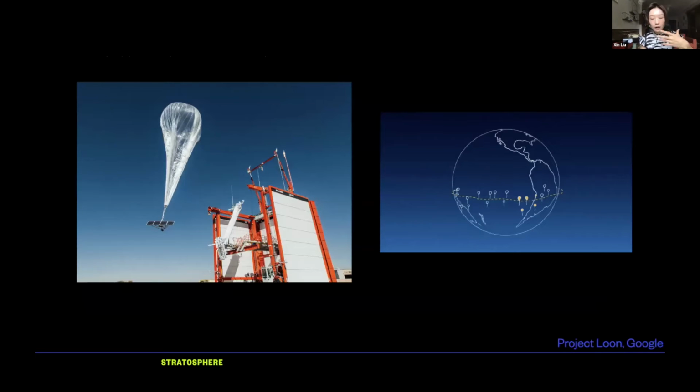And another very important project is Project Loon by Google. It's a network of balloons designed to bring internet connectivity to rural and remote communities worldwide. After Hurricane Maria in Puerto Rico in 2017, Loon launched its balloons there to help with local connectivity.